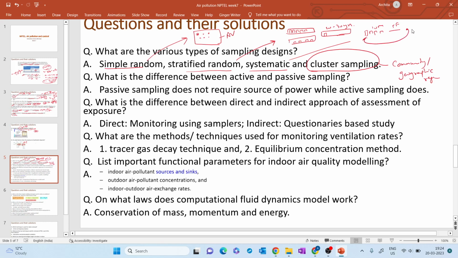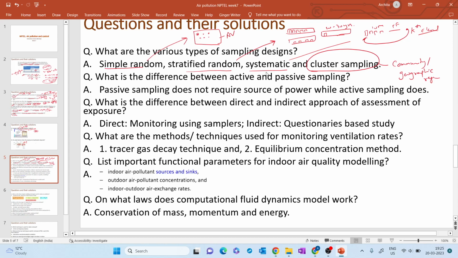So when there is a repetition after every kth element, that is systematic. So in a population, you want to study different fractions. Okay, but you are making sure that after every kth element there is a repetition. That is the systematic sampling design.